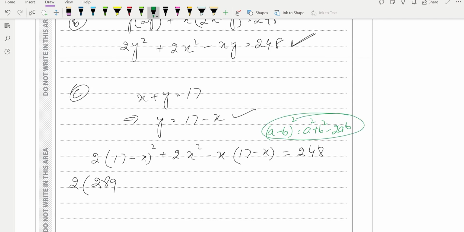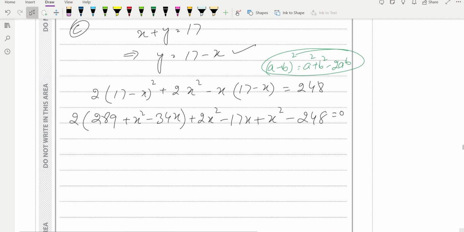So 289, which is a squared, plus b squared will be plus x squared, minus 2ab will be minus 34x, and this one plus 2x squared, and minus x will be multiplied inside, so minus 17x, minus x into minus x will be plus x squared, and this is minus 248 is equal to 0. I've shifted this 248 also to the other side.